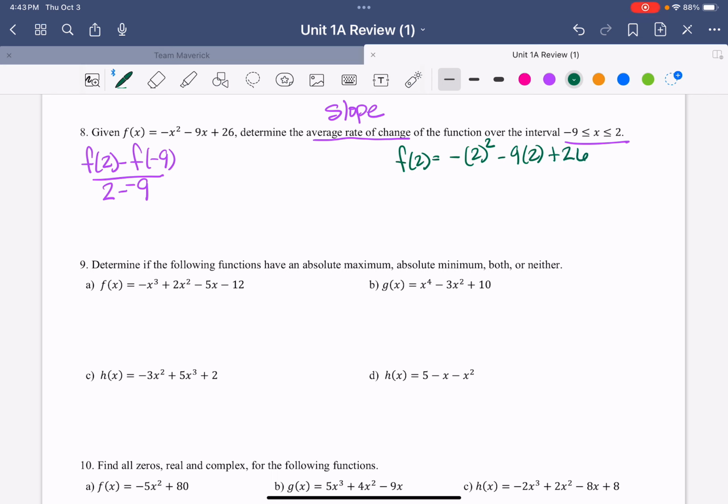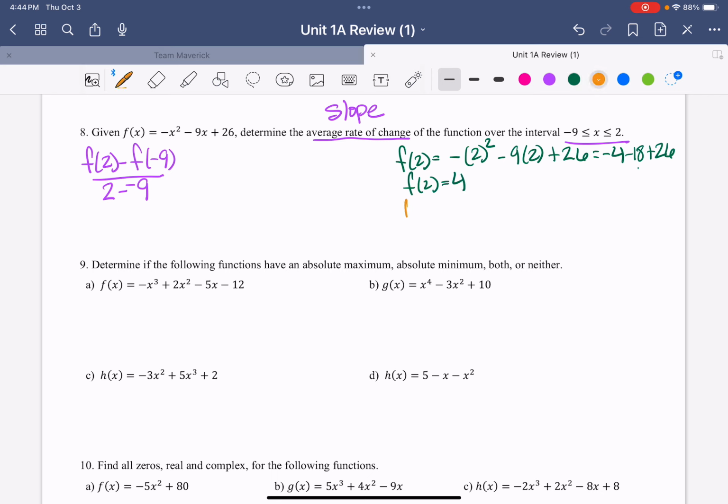So, that is negative 4 minus 18 plus 26. So negative 4 minus 18 is a negative 22 plus 26 tells me f of 2 equals 4.